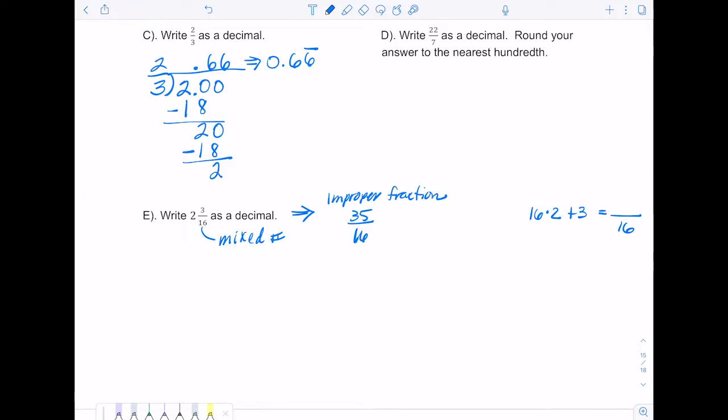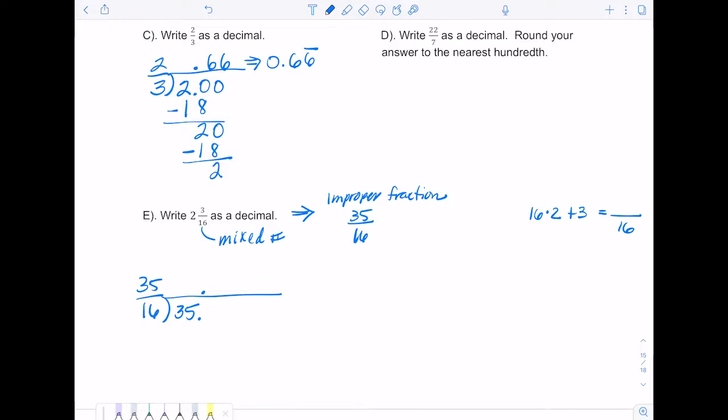Okay, now I'm going to do the same steps. I've got 35 over 16, which is the same as 2 3/16. I'm going to put the 35 inside, put a decimal point so I don't forget, and also put it up there. And I'm going to divide. How many times can 16 go into 35?